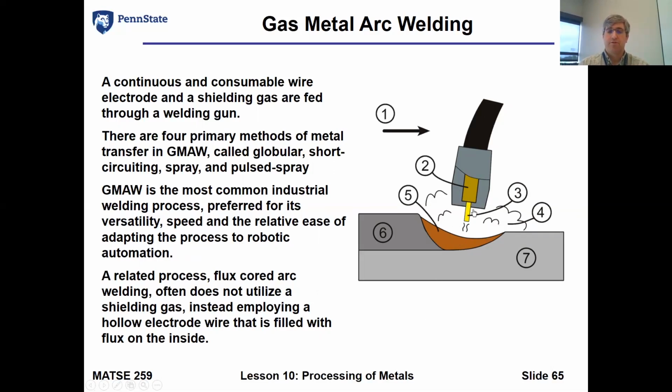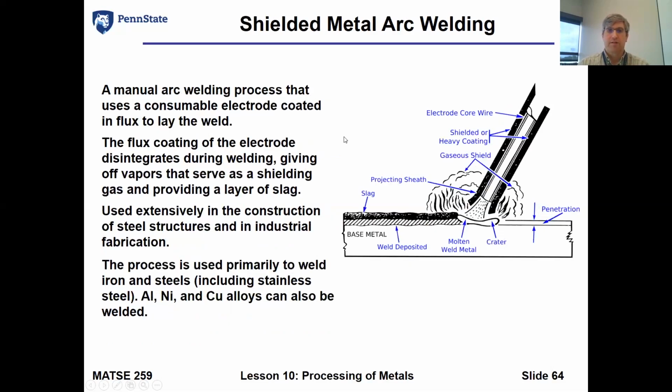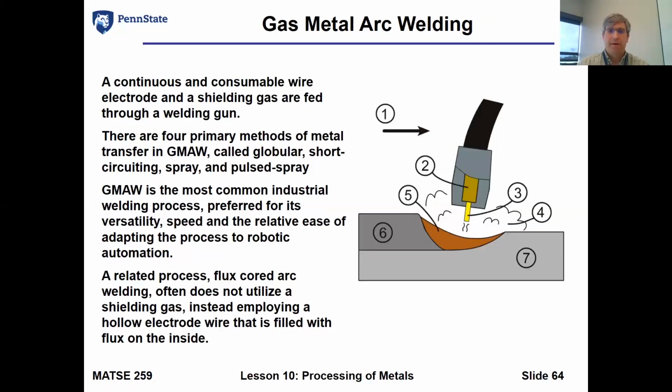In traditional gas metal arc welding, you use an argon shielding gas to protect the environment from any oxidation or contamination from the environment around it. In flux core, there's no shielding gas. The flux, much like what we saw in the shielded metal arc, is within. The metal wire itself is actually hollow, and the flux is placed in there.